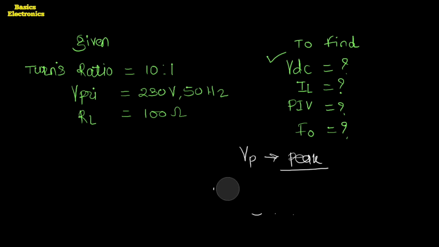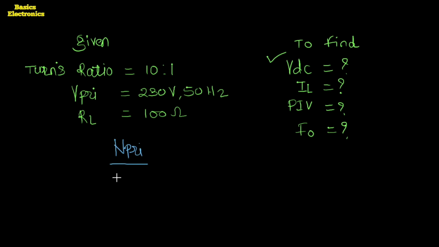We can calculate the secondary voltage by using the formula N primary upon N secondary equals V primary upon V secondary. This is the most important formula for the transformer turns ratio.